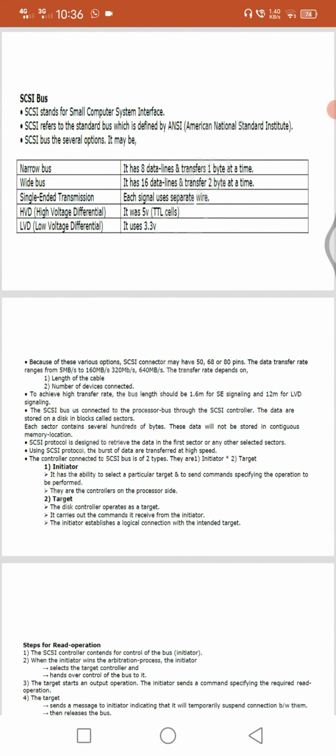It carries out the commands it receives from the initiator. So whatever command is sent by the initiator, the target accepts. The initiator establishes a logical connection with the intended target.